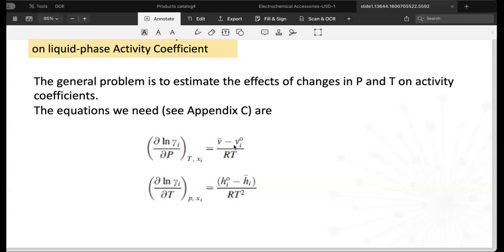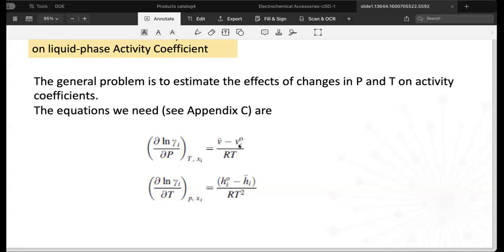At what condition will we get zero volume change? When the mixture is an ideal solution.